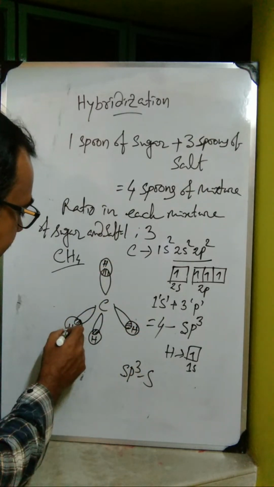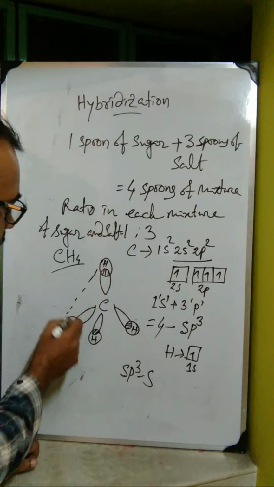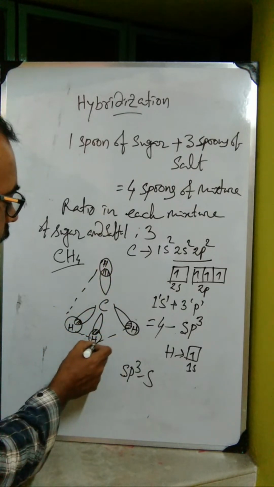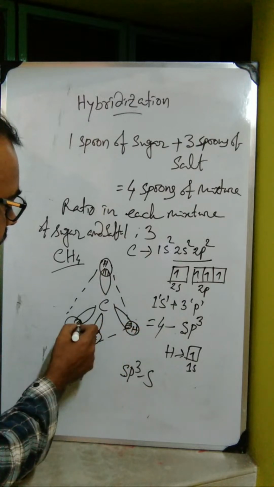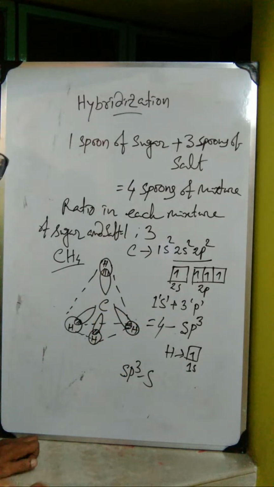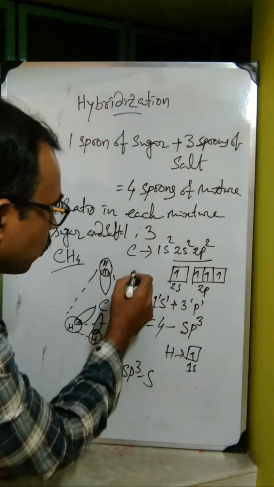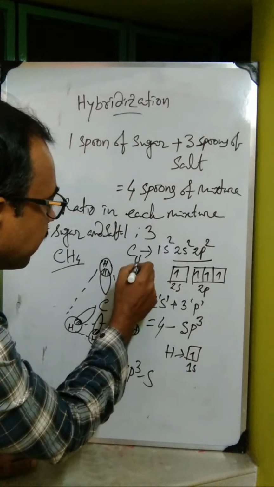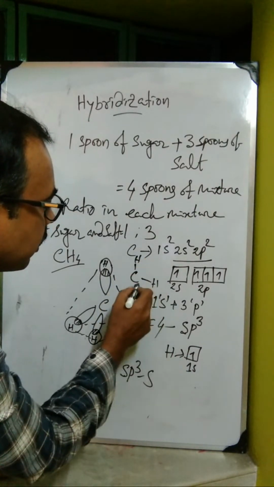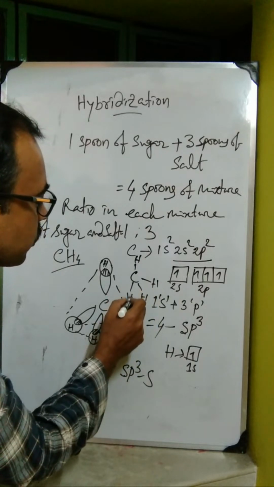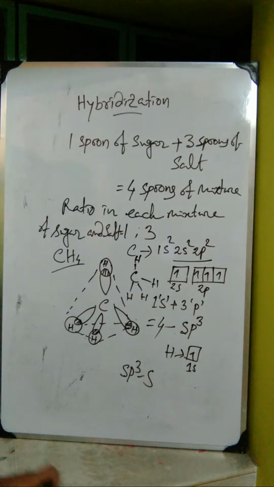Now if we join this, we get a shape of tetrahedral. This shape is called tetrahedral. Now we can also draw this in this manner: hydrogen, hydrogen, hydrogen, and here hydrogen. Okay, this is a tetrahedral molecule.